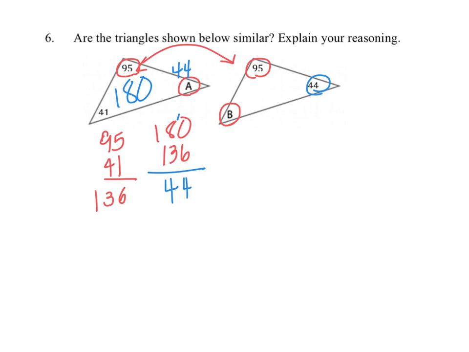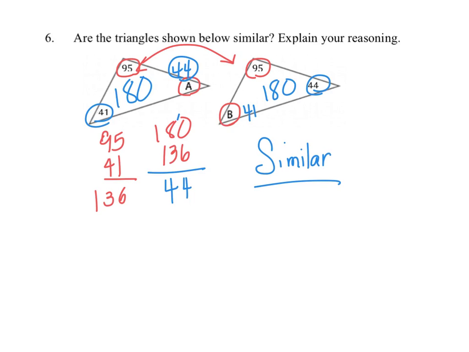So if this is 44 and this is 44, this one must be 41 and this one 41, because again, they must add up to 180. So all the angles are congruent. The corresponding angles are congruent. Therefore, these two triangles are similar.